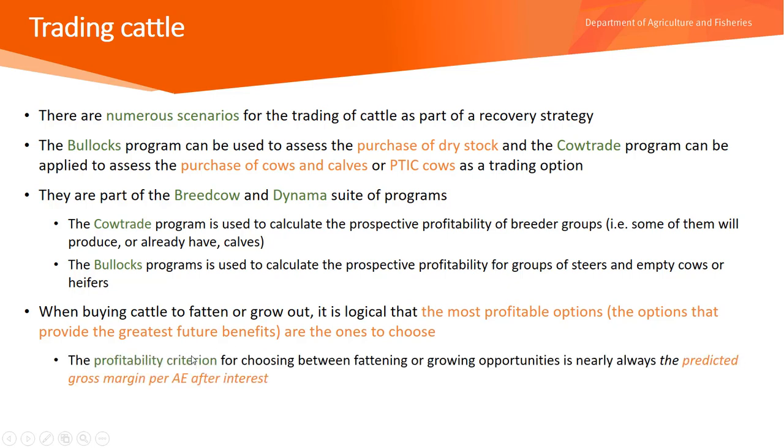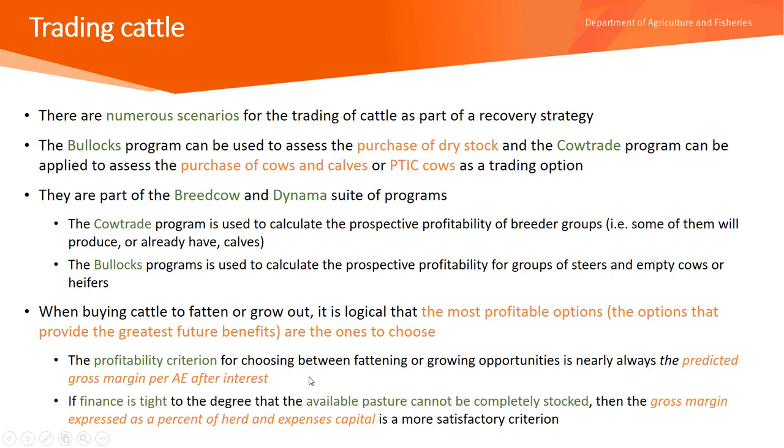So the profitability criterion for choosing between fattening or growing opportunities is nearly always the predicted gross margin per AE after interest. The way we construct these things is to bring it back when you're comparing either cows and calves or PDIC cows or dry cattle of different classes. We bring it back to the same unit of consumption and we bring it back to a measure of profit, and we take into account the different amounts of capital tied up in the different sorts of cattle that we're trading.